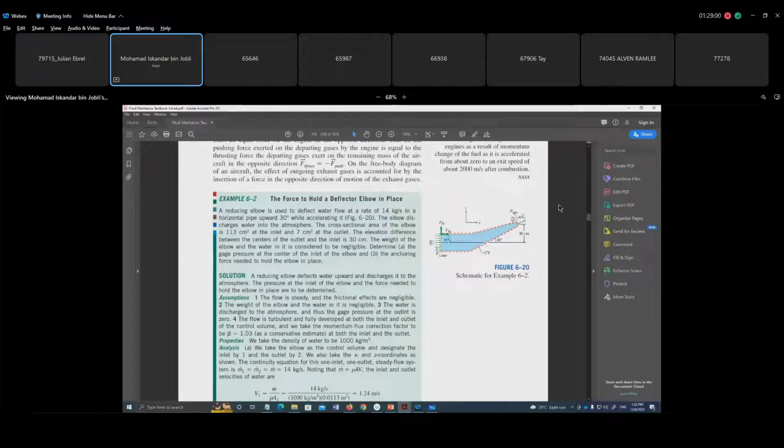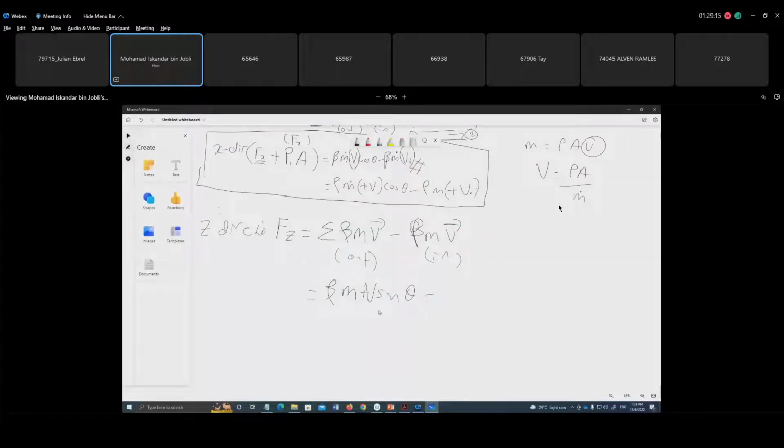How about point number 1 here? Do we have anything in the Z direction? No, because the water is strictly flowing in this direction. So that is why you only have minus 0. So FZ, according to the book, you only have m V sine theta. Let us check.